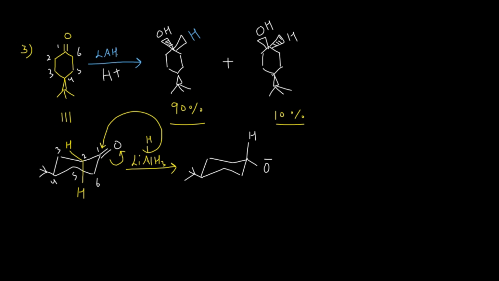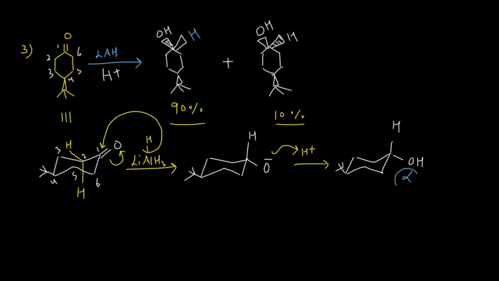Then you will do the protic workup. So this is your major product, and you can very easily convert this into your species. You see here, this OH is below the plane. That means it is alpha.